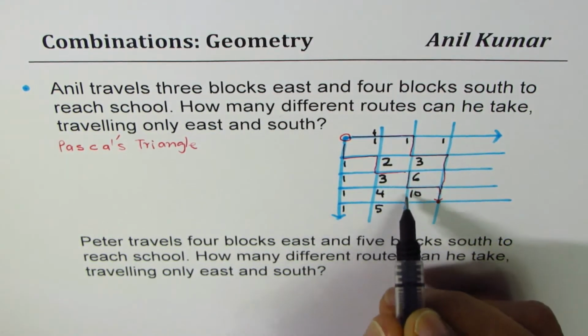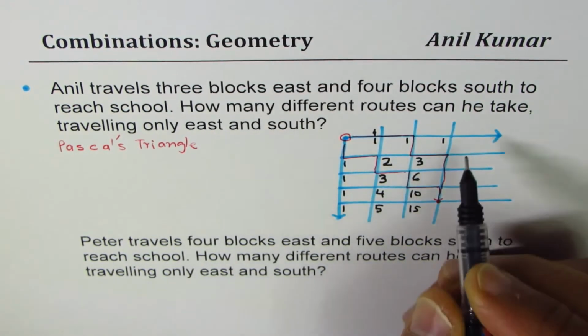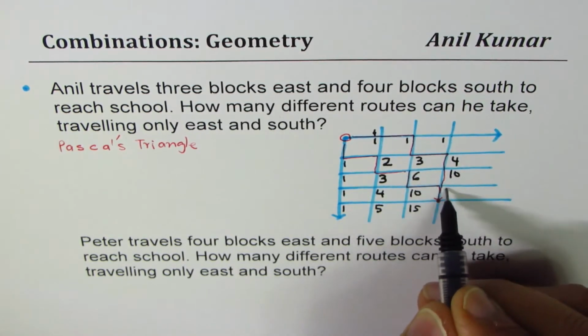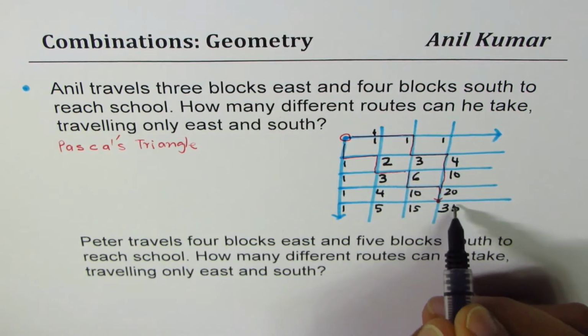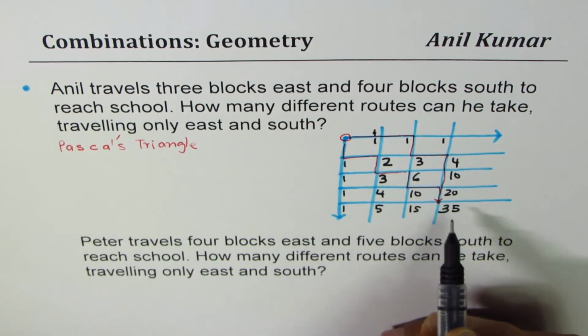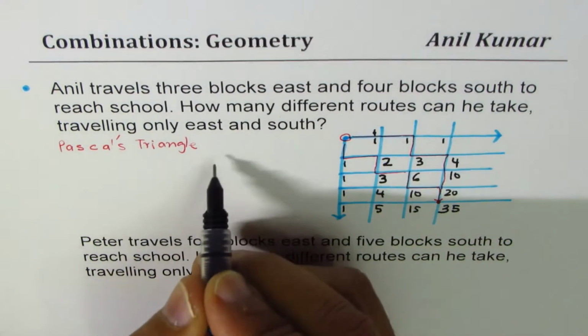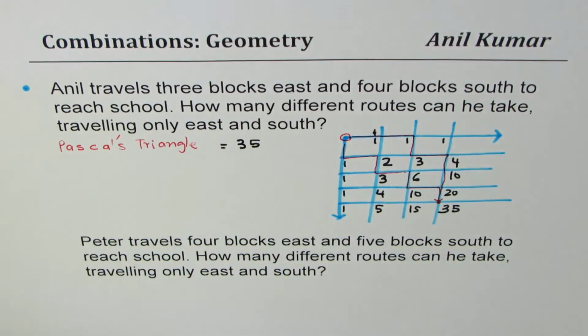You can reach from here or there to this point, 15. 1 plus 3 is 4, 4 plus 6 is 10, 10 plus 10 is 20, 20 plus 15 is 35. So the total number of ways you can reach this point is 35. So from here we found that this is 35 as shown in the grid. Perfect. So that is how you could do it.